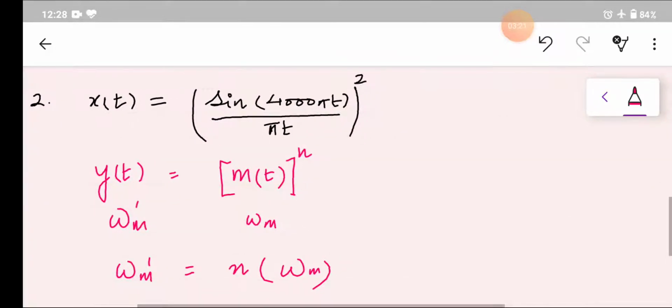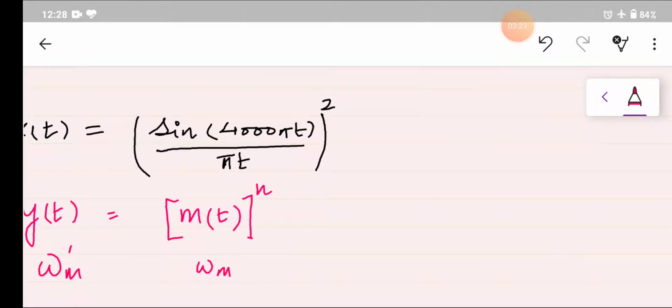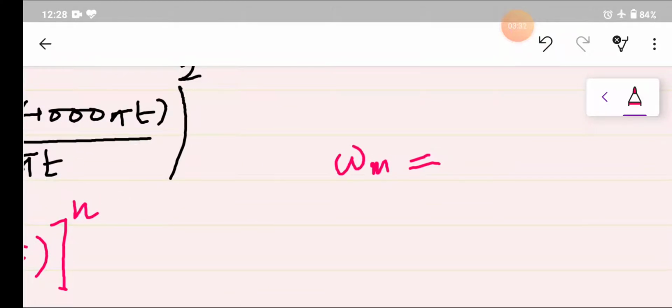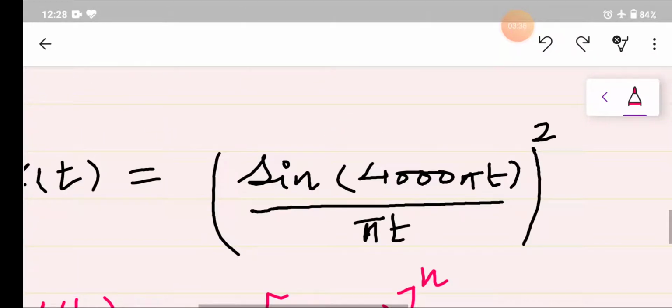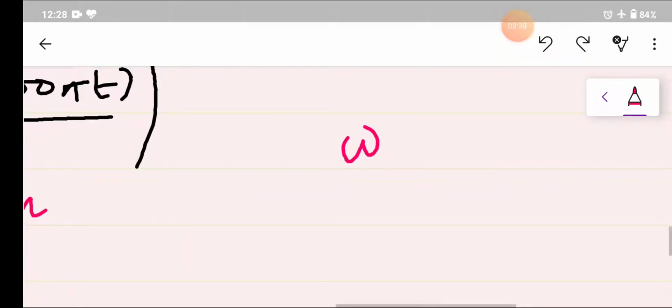So in our problem, here we have omega m, which is equal to 4000 pi.